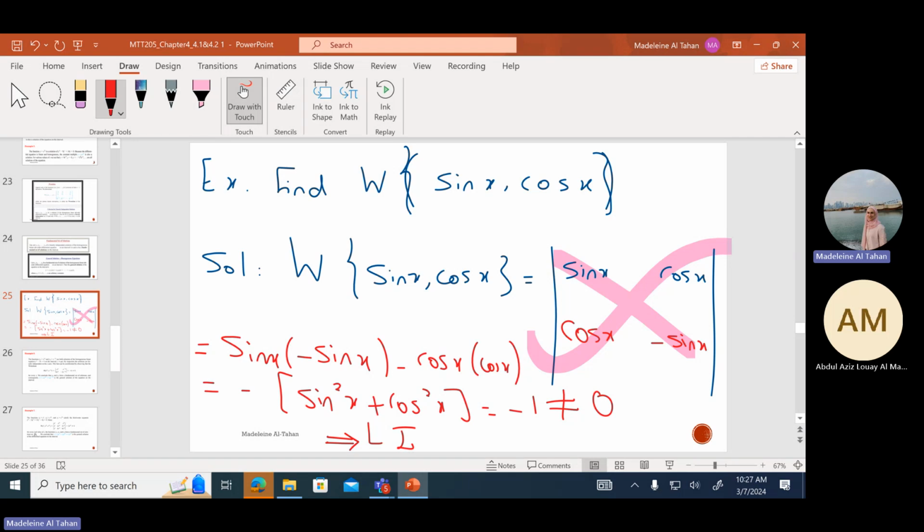Please try. So now we are understanding what's meant by the Wronskian and its relation with the dependency and independence. But we did not talk about the fundamental set of solutions.